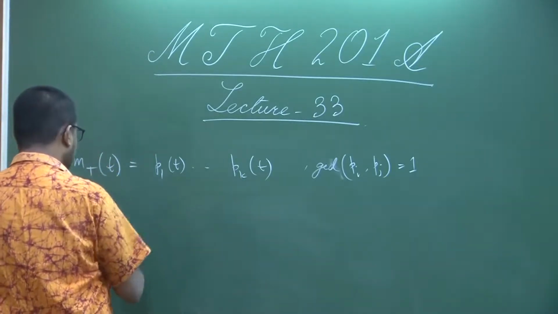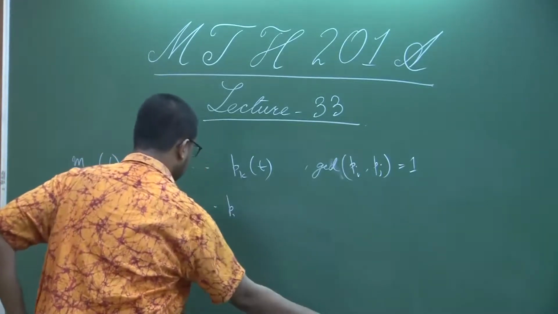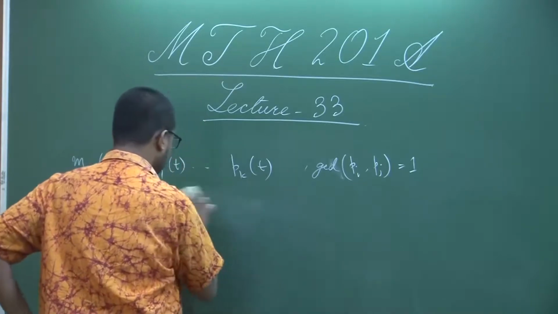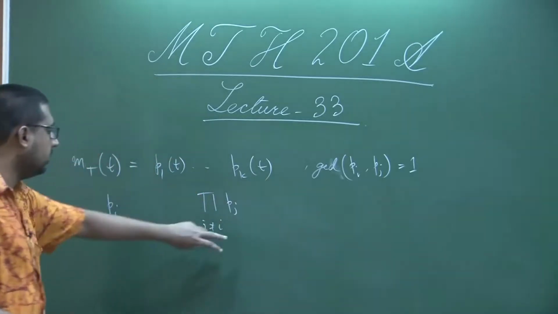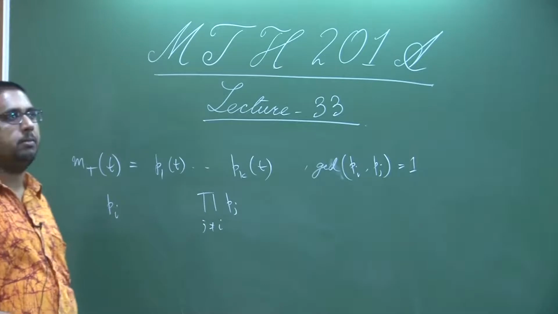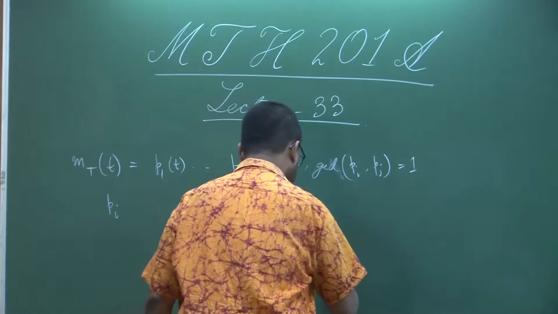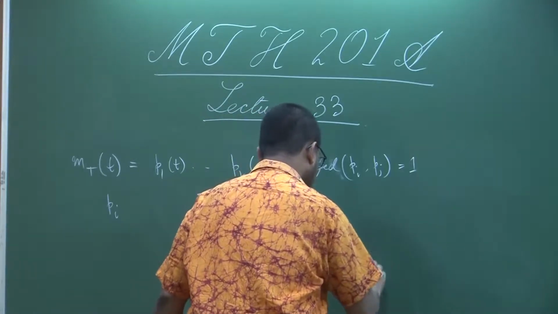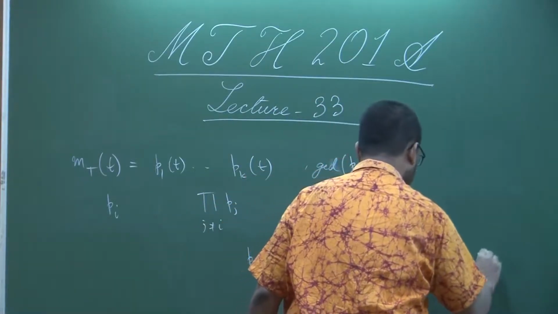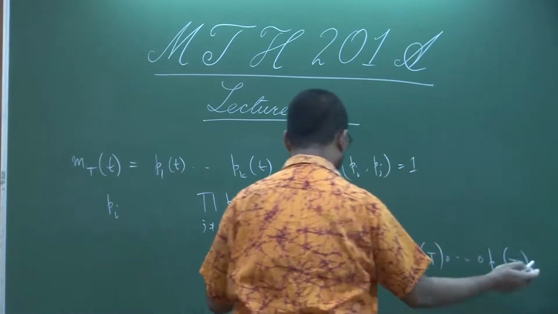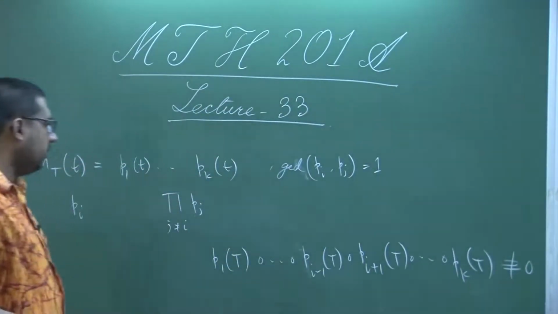Take the product of the other Pj's, that is P1, P2, up to Pi minus 1, and Pi plus 1 up to Pk. This is a polynomial whose degree is less than that of the minimal polynomial. Therefore P1(T) composed with ... Pi minus 1(T) composed with Pi plus 1(T) ... Pk(T) is not identically 0, because it is a minimal polynomial.